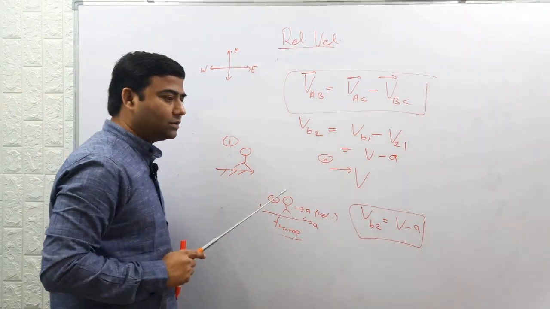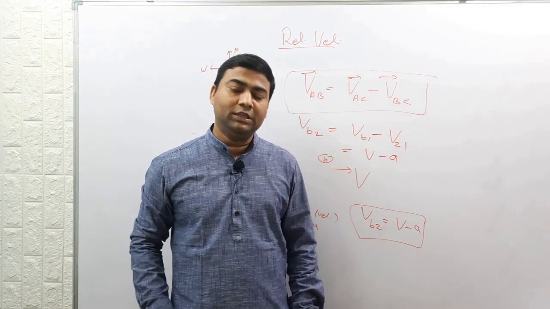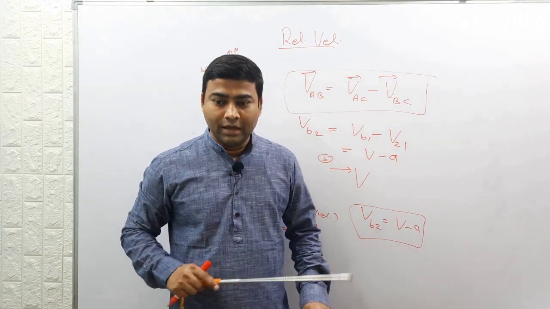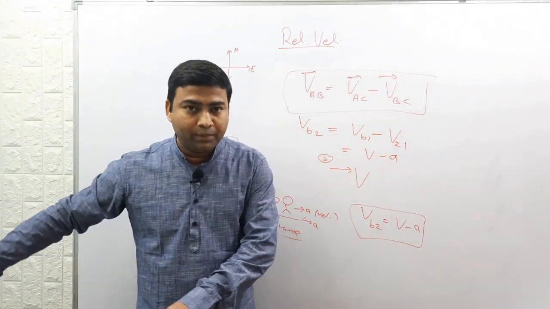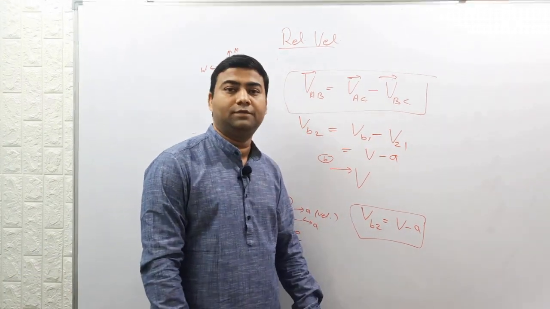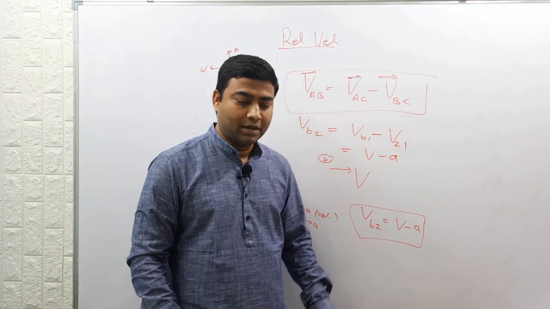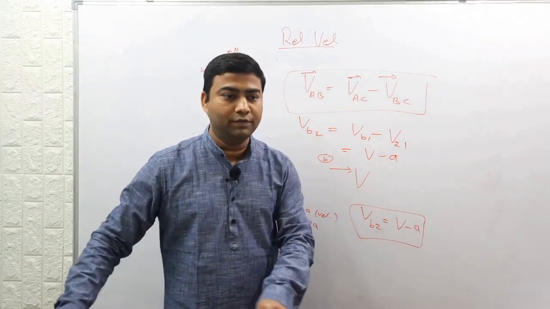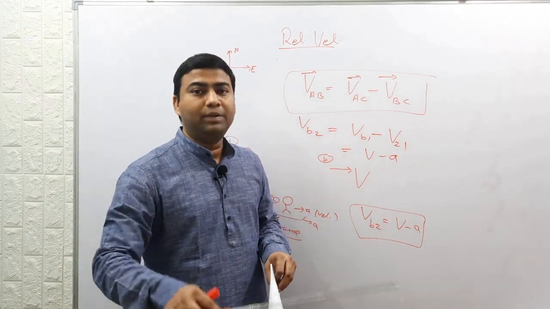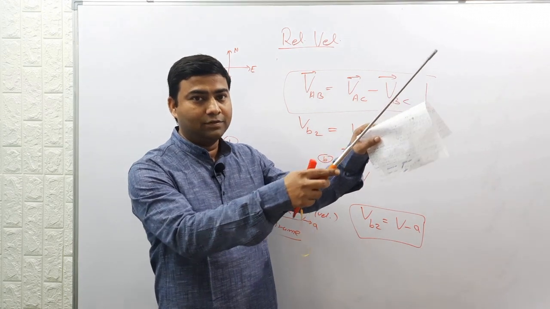I will again repeat: when we are observing a certain object from this frame, that is the ground, we are observing the motion of a certain object. And when I sit on a bus which is moving with velocity v with respect to my earlier frame, then from that bus I have to analyze the motion of the same object.